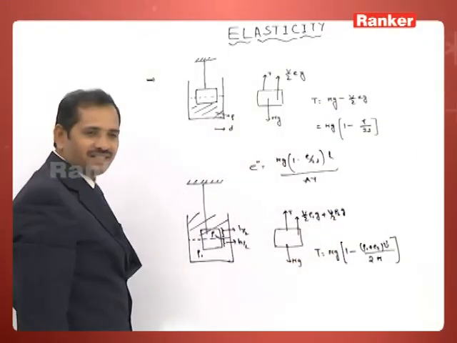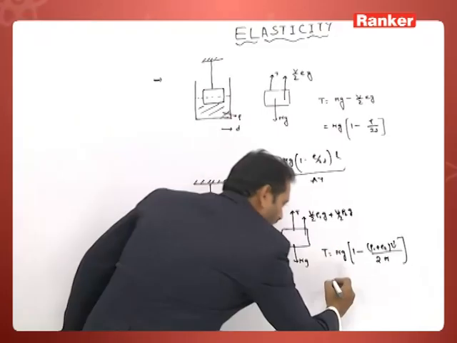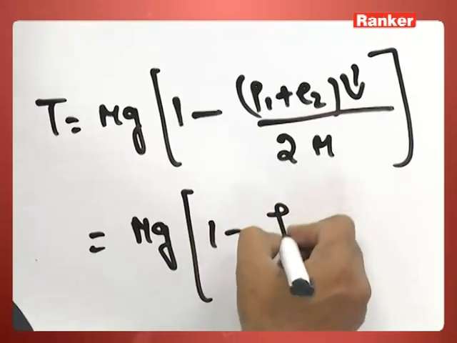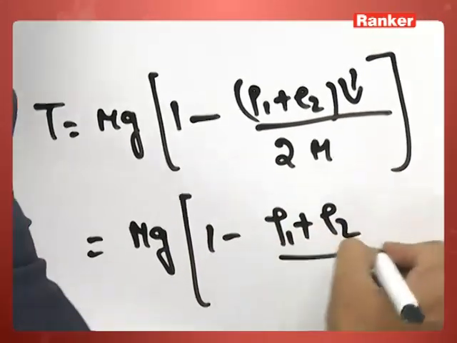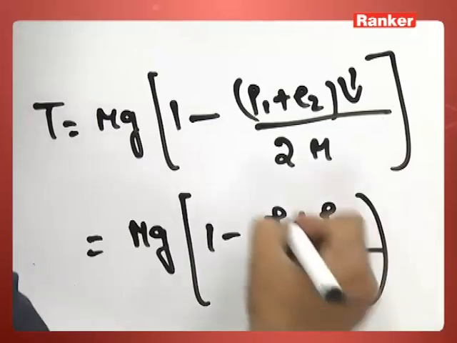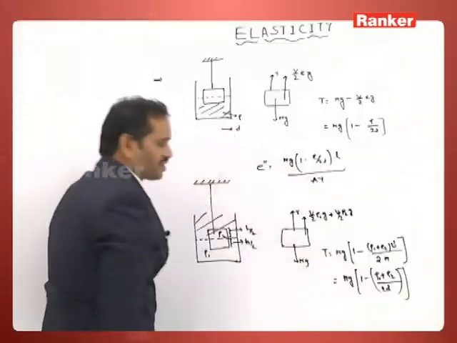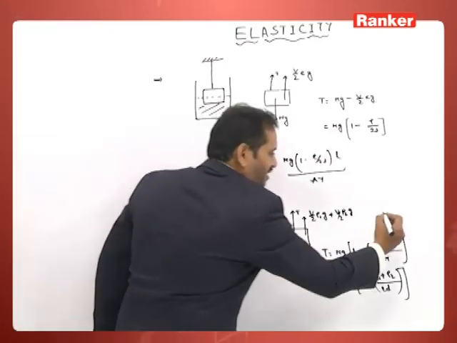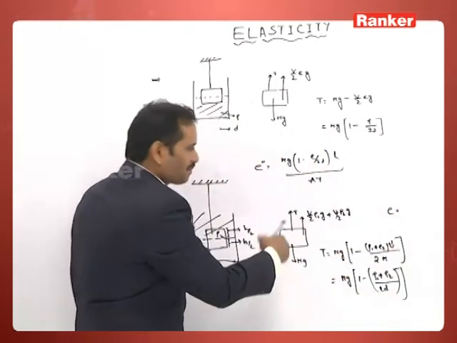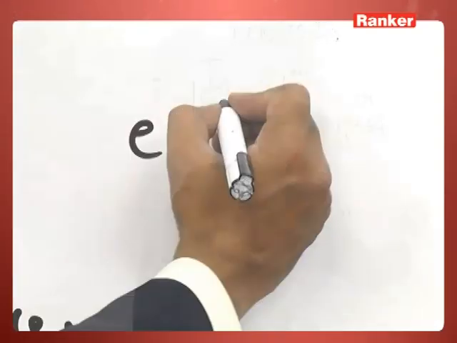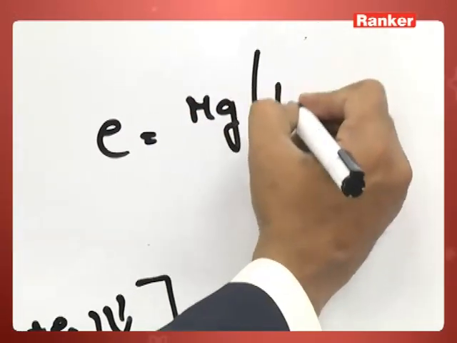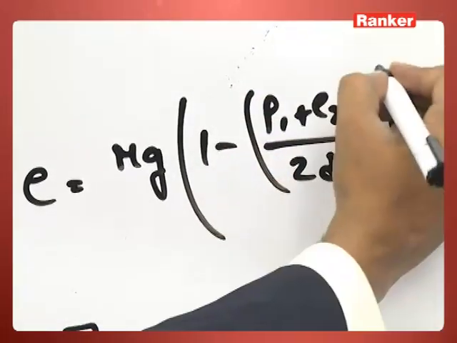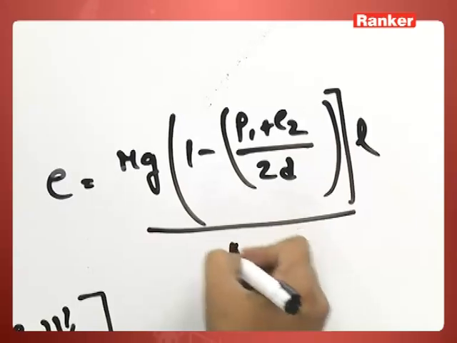I think you can understand. Then that is mg into 1 minus rho 1 plus rho 2 of 2d, the tension in the wire. Extension is required, which is simple: substitute T in the given equation. mg into 1 minus rho 1 plus rho 2 of 2d into L by AY is the extension.